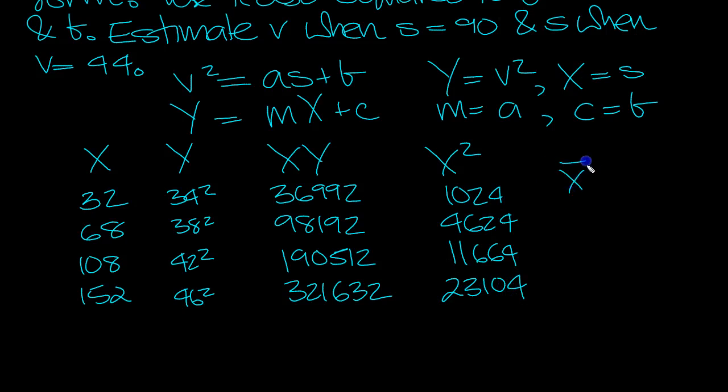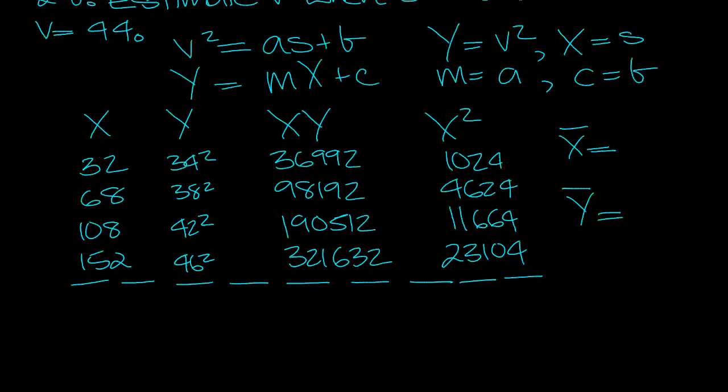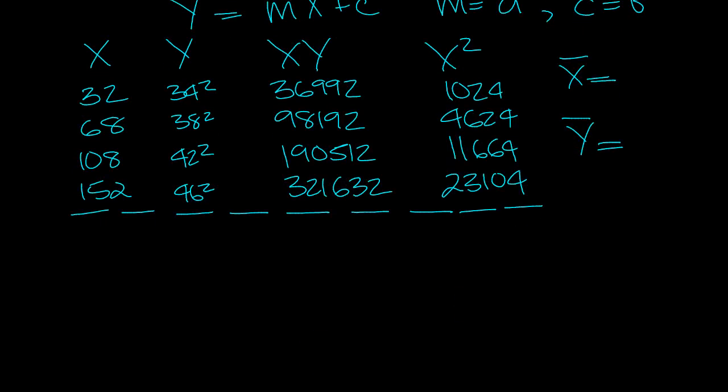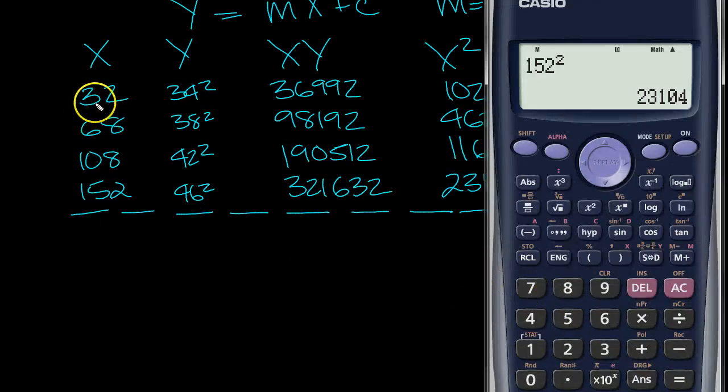Okay, we need x bar, and we need y bar, and we need the totals, don't we? So let's add them up then. 32 and 68 is 100. 208, 308, 360.